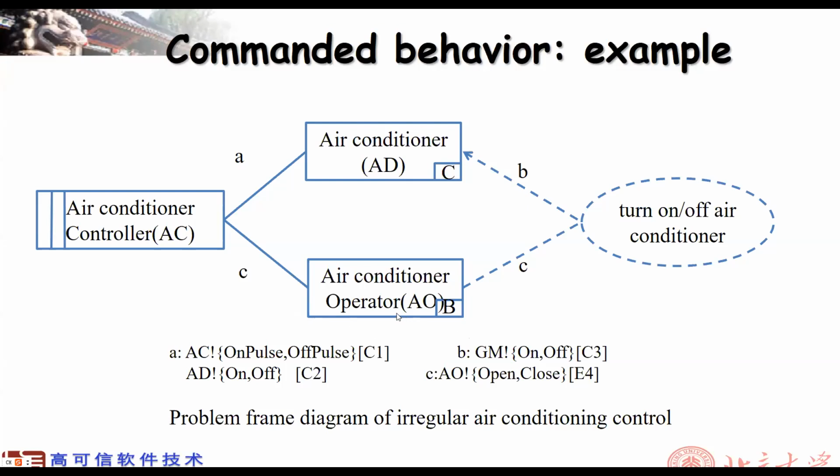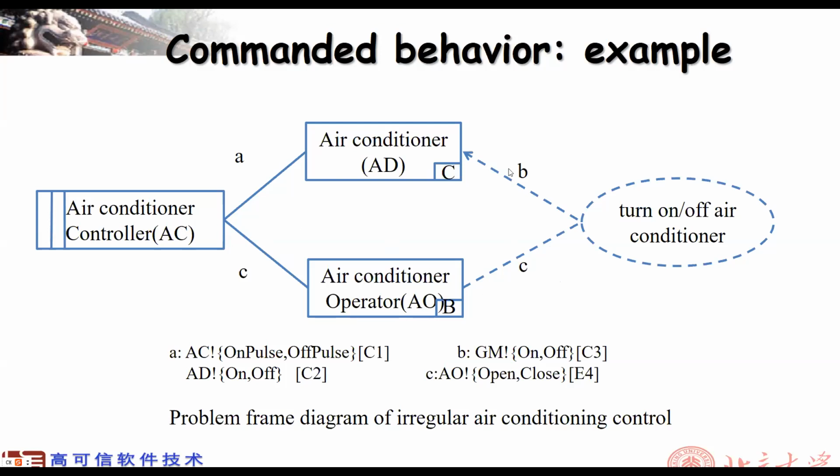So actually the operator gives a command, and we can use open or close to express the command, open command or close command, and then the controller will send an initial pulse to the air conditioner to control its state, on or off. So from the requirement side, we can say the operator says open, then the air conditioner is on. The operator says close, then the air conditioner is off.